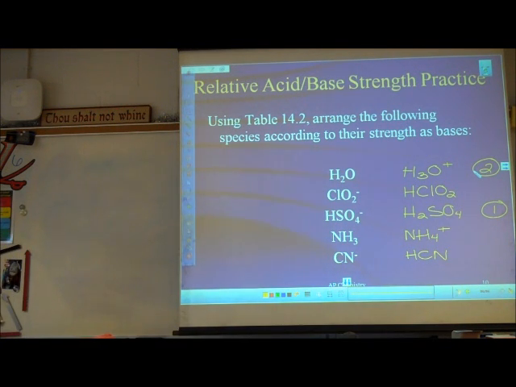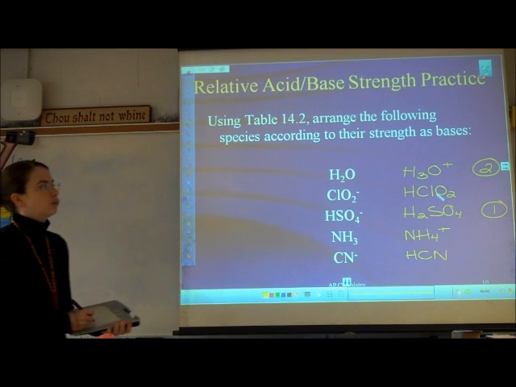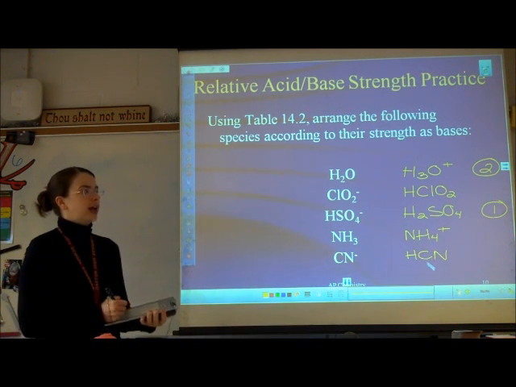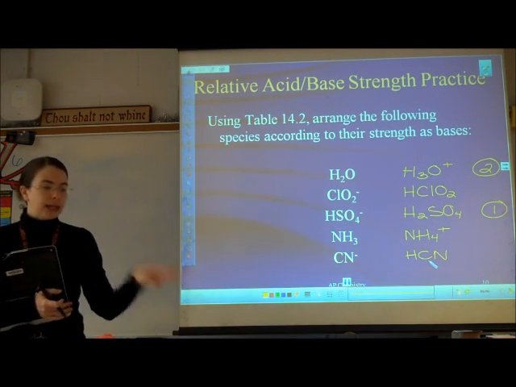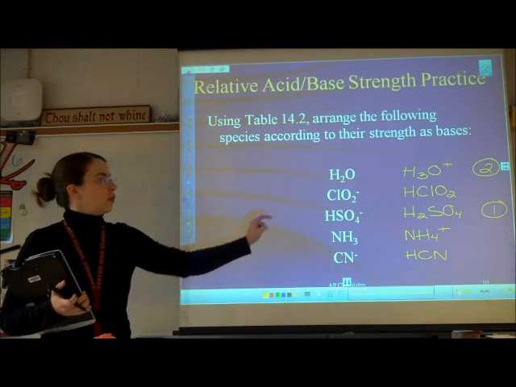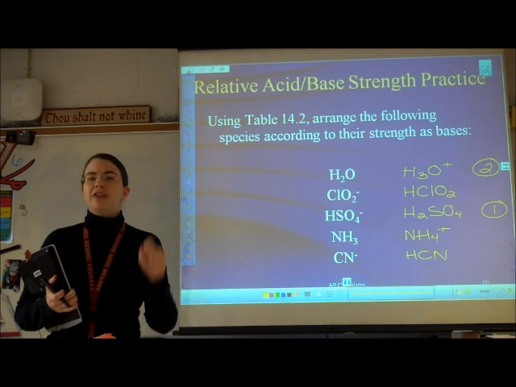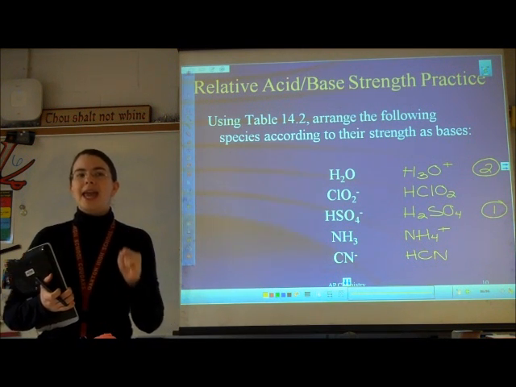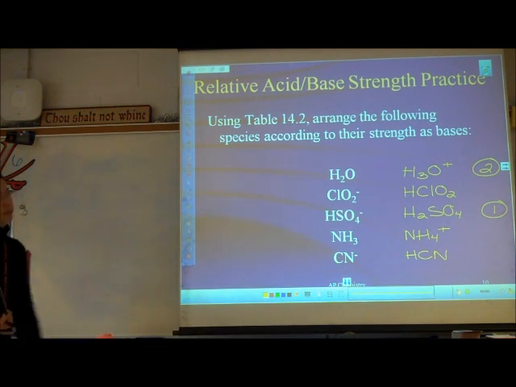So that's number 2. Now the remaining 3, we're going to rank these from strongest acid to the weakest by looking in this table. Which of those 3 remaining has the highest Ka value? HClO2.